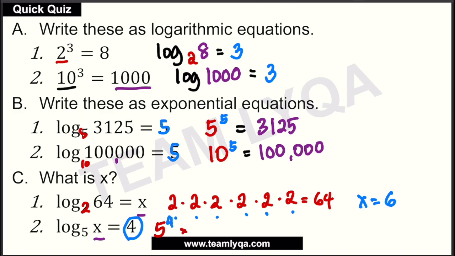Or, kung isosolve natin, this is 5 times 5 times 5 times 5. 4 na ulit. 5 times 5 is 25. 25 times 5 is 125. 125 times 5 is equal to 625. So, ibig sabihin nun, ang sagot dito, x is equal to 625.